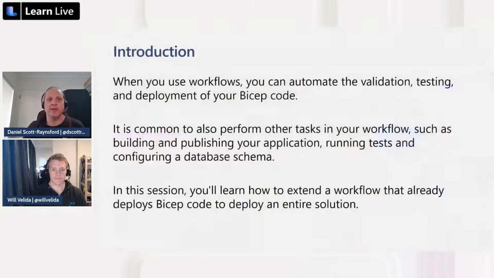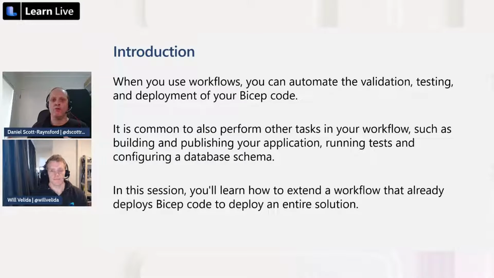So let's take a look at end-to-end deployments in a little bit more detail. You might have seen in earlier Learn Live examples that we've used GitHub Actions to deploy Bicep code to produce infrastructure in Azure. It's a pretty standard methodology.